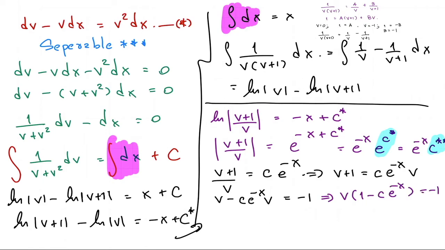So I have that v is actually minus 1 times 1 minus c e to the minus x to the power of minus 1, which is 1 over c e to the minus x minus 1.